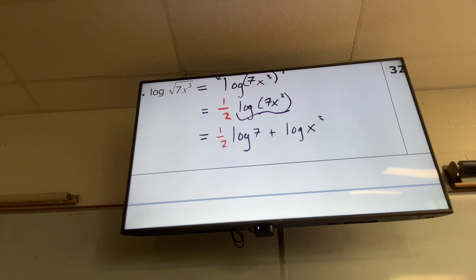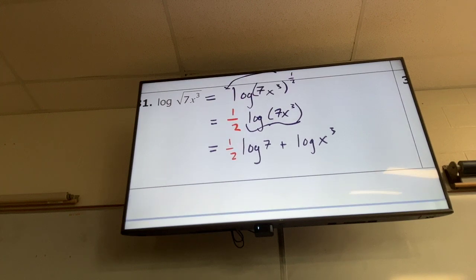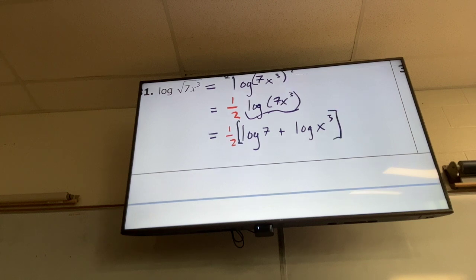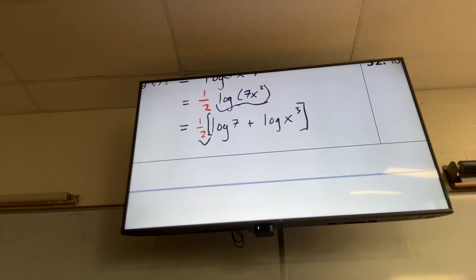What did I do wrong? I did one thing wrong here. Yep, you need parentheses, because that 1/2 gets distributed. This is 1/2 log 7 plus 1/2 log x cubed.